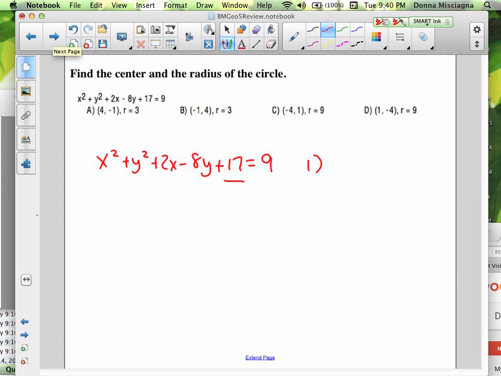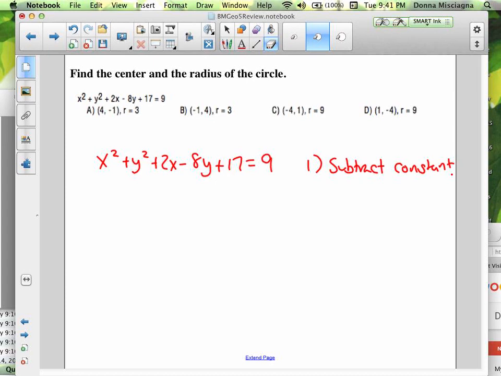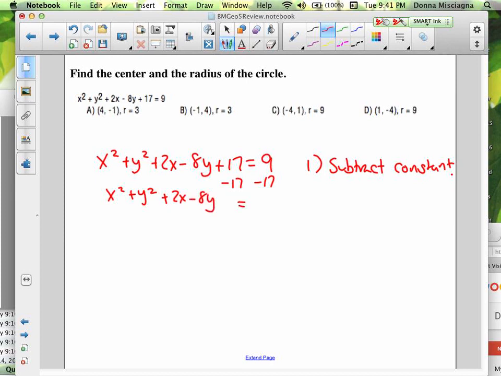We need to subtract that to the other side, so we're going to subtract the constant term. We'll subtract 17 from both sides, and we have x squared plus y squared plus 2x minus 8y equals negative 8.